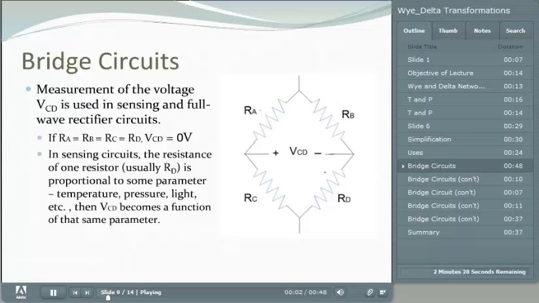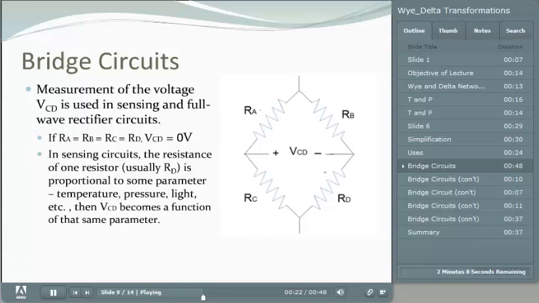Another network of components that's used frequently are bridge networks, shown to the right on this slide. The measurement of the voltage between two of the nodes in the bridge, VCD, is used in sensing applications as well as full-wave rectifying circuits.